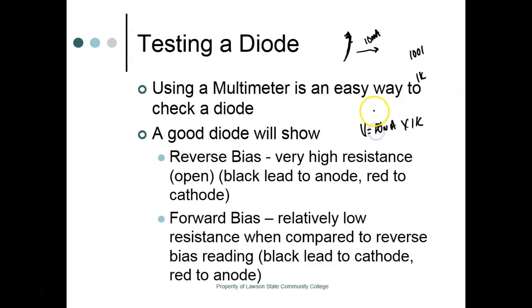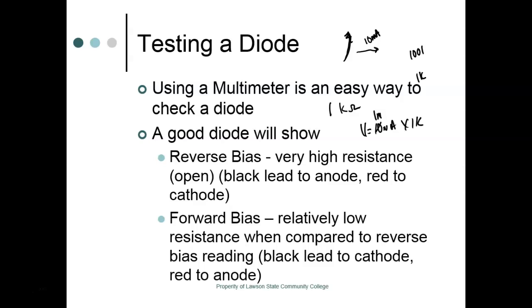It can't be. It must be 1 milliamp. So 1 milliamp times 1K, what would that be? It would be 1 volt, but instead of my meter displaying 1 volt, it would display 1 k ohm. And that's the way the meter works.